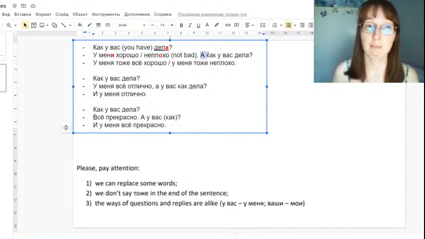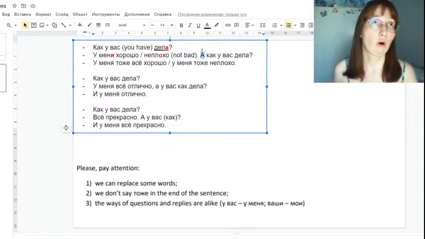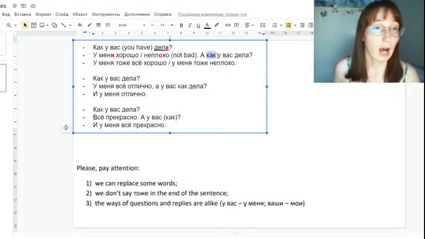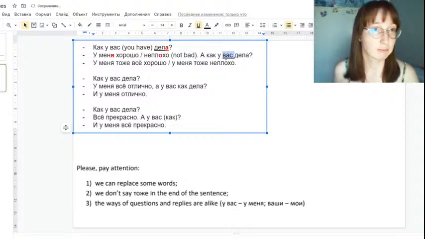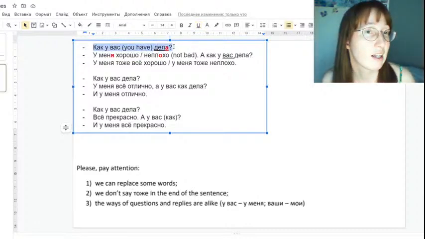And the question back with the letter А again for expressing our curiosity. А как у вас дела? And the intonation is here. А как у вас дела? So look, here the intonation. Как у вас дела?